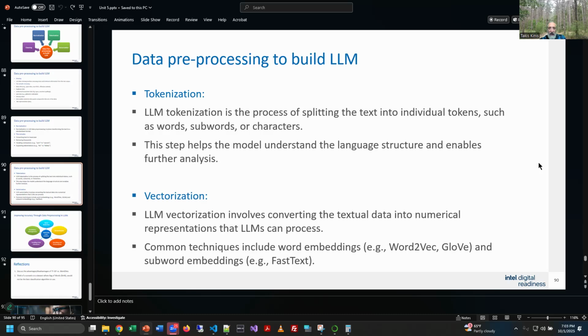Tokenization, of course, is the process of splitting the text into individual words and or subwords, or in some cases characters. It just depends on what your action is. If we're just looking at words and sentences, we're just going to break it down into words. But maybe if we're looking at subwords, I'll go back to the Green Bay Packers example, because if I say Packers, Green Bay is implied.